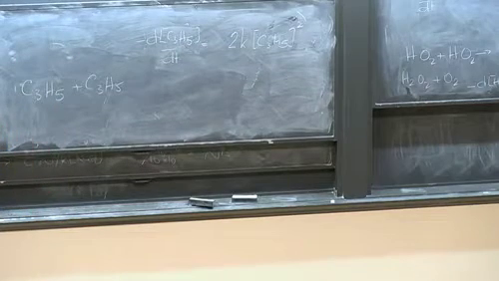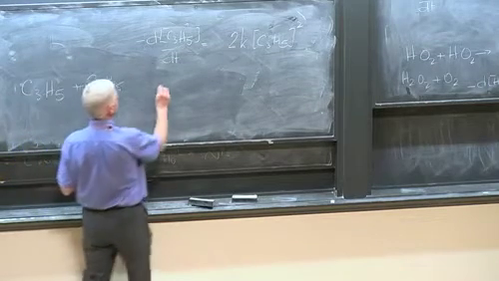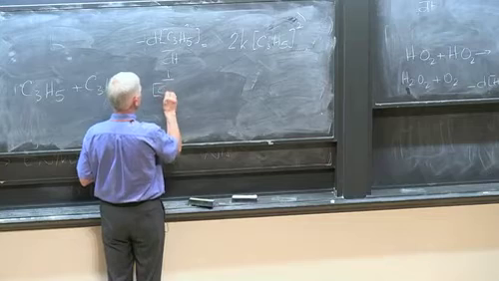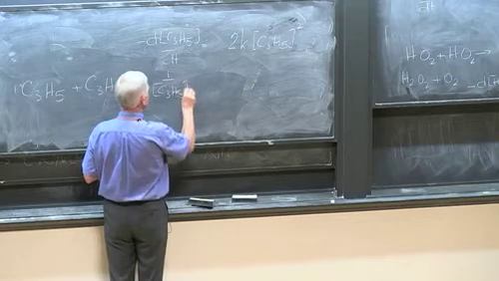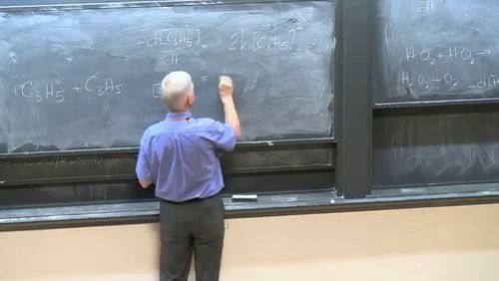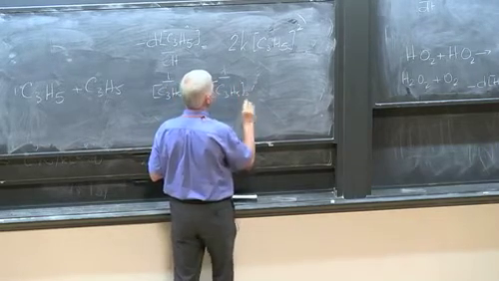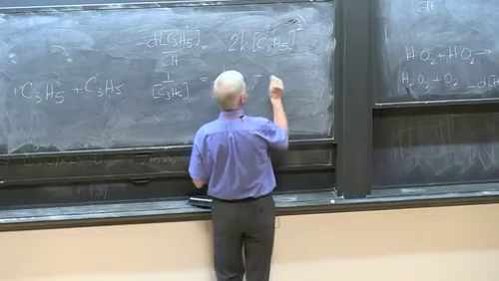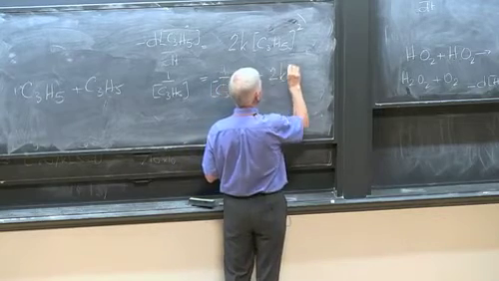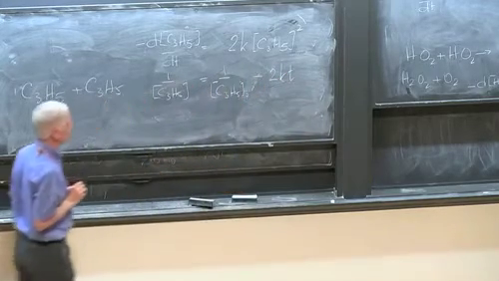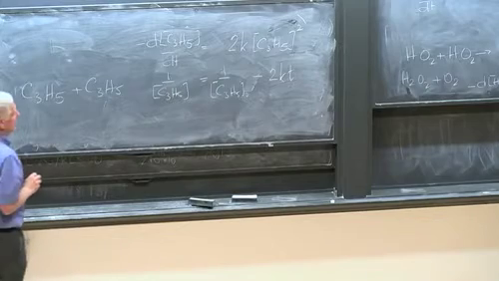And if you integrate that, what you'll find is that 1 over [C3H5] is equal to 1 over [C3H5]0 minus 2 times k times t.